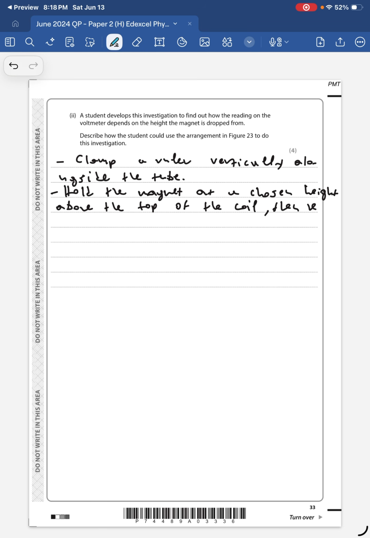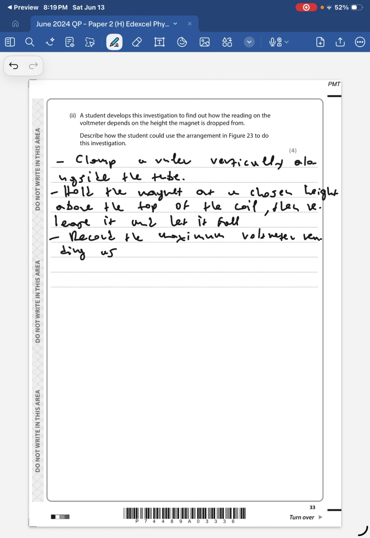Then release it and let it fall. Okay. Record the maximum voltmeter reading as the magnet passes through.